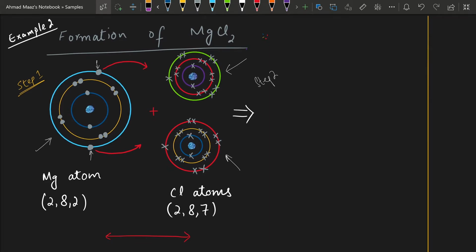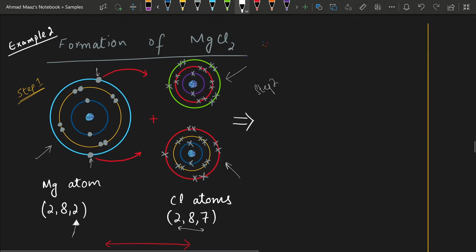Magnesium has an electronic configuration of 2, 8, 2, which means magnesium has to donate 2 electrons, whereas chlorine has an electronic configuration of 2, 8, 7.